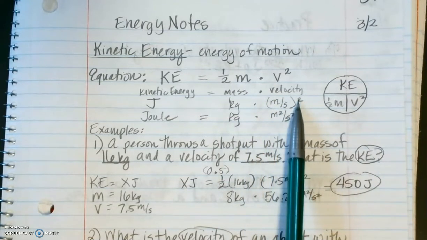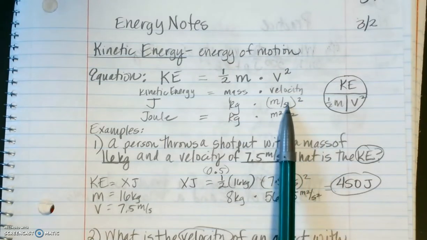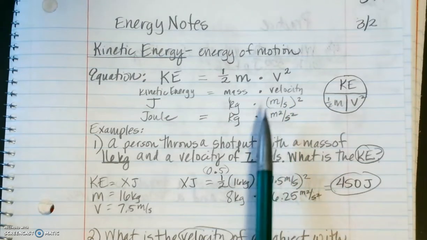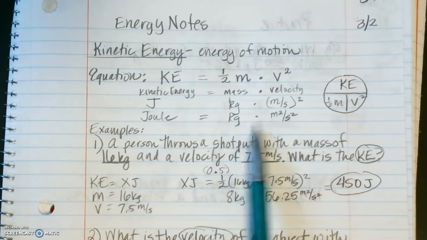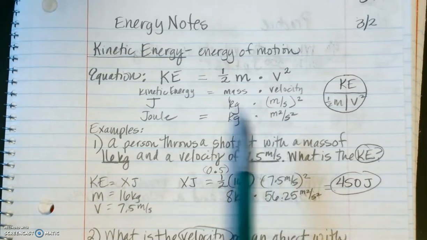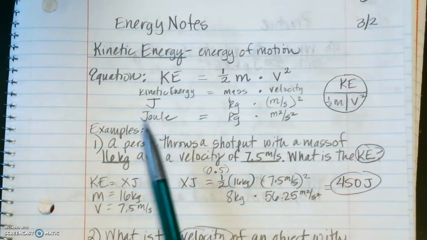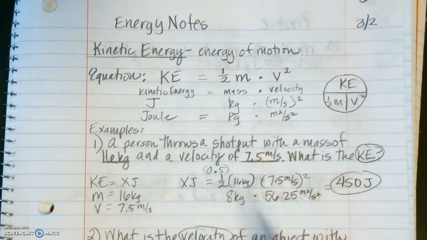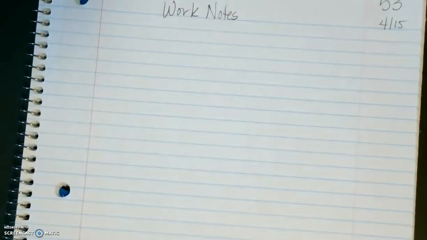And since the velocity is squared, we're squaring everything inside the parentheses, which meant the seconds would be squared and the meters would be squared, giving us a kilogram times a meter squared per second squared, or kilograms meters squared per second squared. And again, that was also a joule. Okay. So now, just as that refresher, remember a joule is a kilogram meter squared per second squared. Hopefully that will remind you of what we're doing when we're talking about work now.